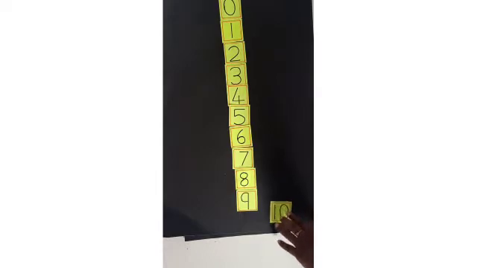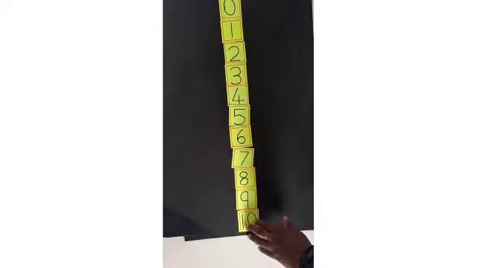Now, which is the last number that we write after number 9? It's 1, 0, 10. So, we will place 1, 0, 10 below number 9. So, in this way, we will finish writing 0 to 10.